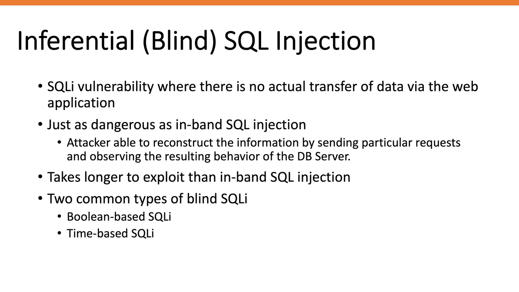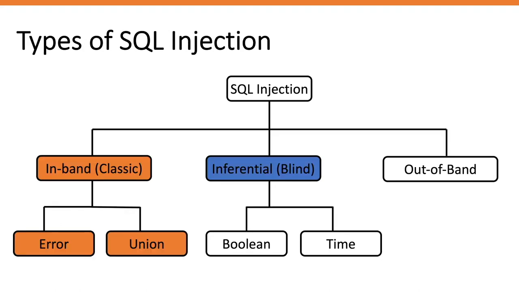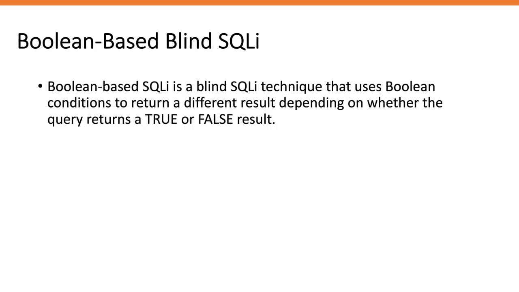Okay, and we said there are two types of blind SQL injection, Boolean-based SQL injection and time-based SQL injection. Let's talk about Boolean-based SQL injection. Boolean-based SQL injection is a blind SQL injection technique that uses Boolean conditions to return a different result set depending on whether the query returns a true or a false result.